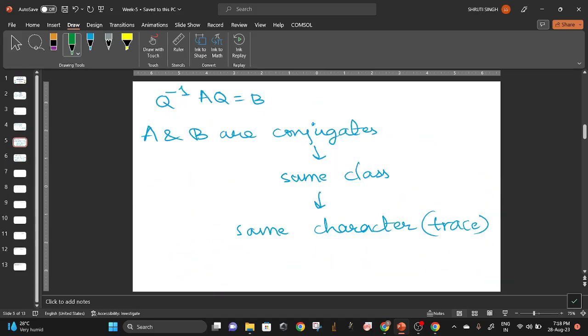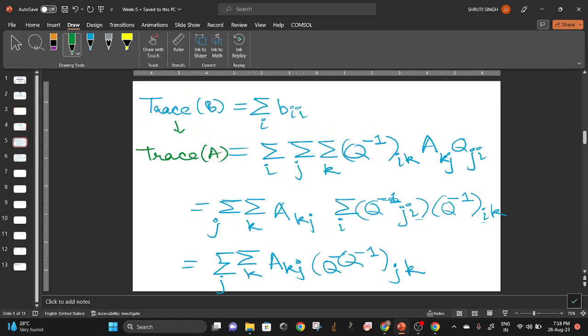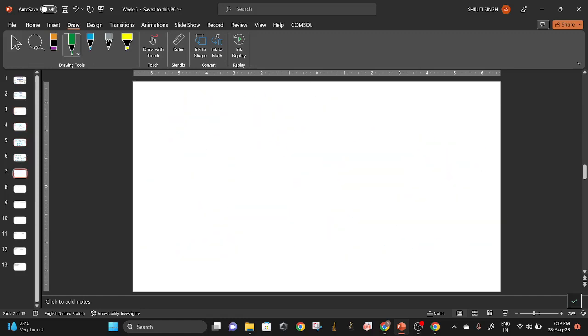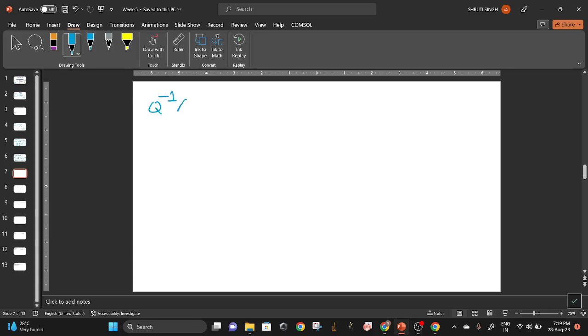Now the next one was the determinant. Q inverse A Q is equal to B, then the determinant.